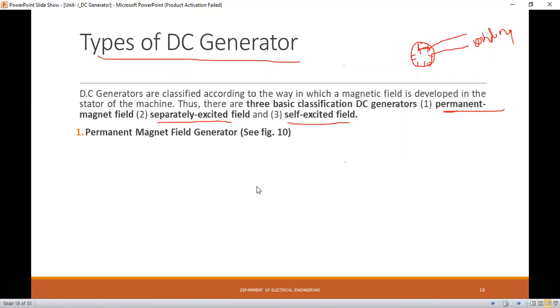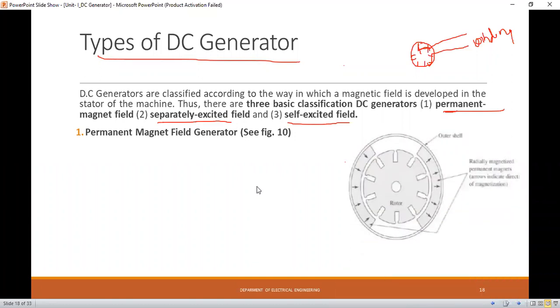Permanent magnet field generator means we create the field by using a permanent magnet. So we can call it a permanent magnet DC generator.